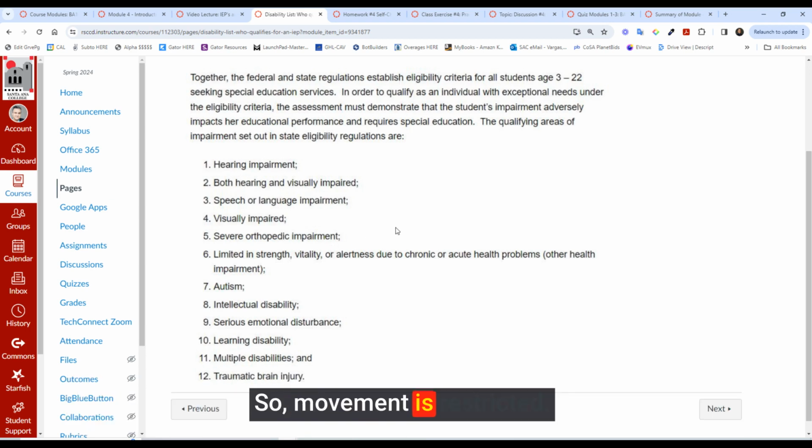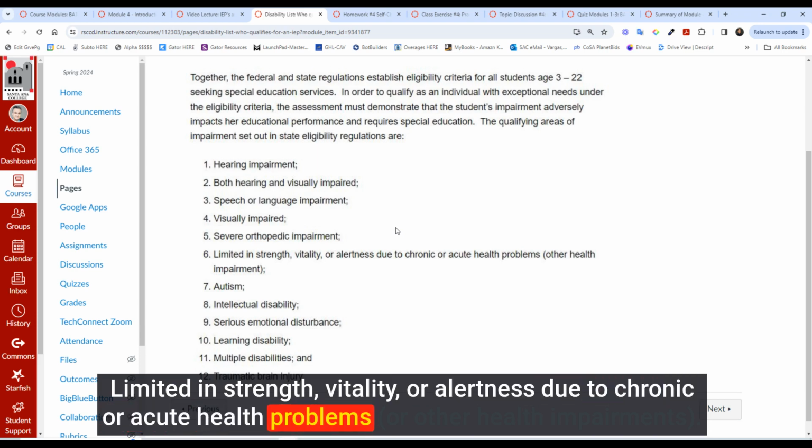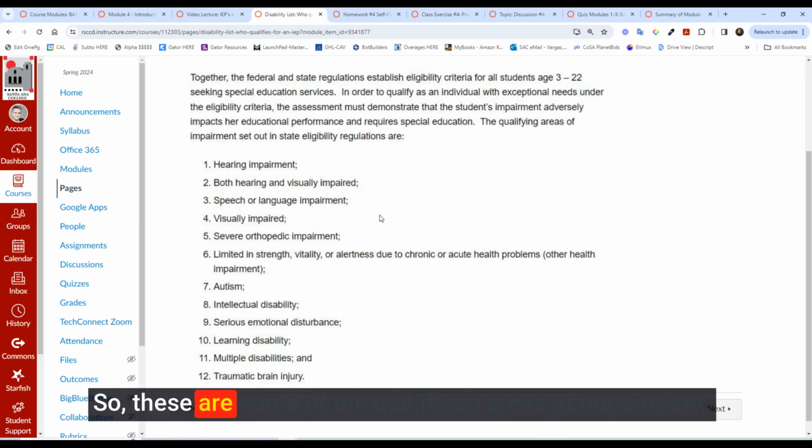So movement is restricted, limited in strength, vitality, or alertness due to chronic or acute health problems or other health impairments, autism, intellectual disability, serious emotional disturbance, learning disability, multiple disabilities, and traumatic brain injury. So these are some of the qualifying areas of impairment.